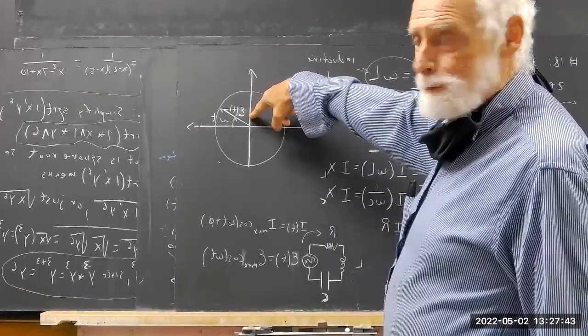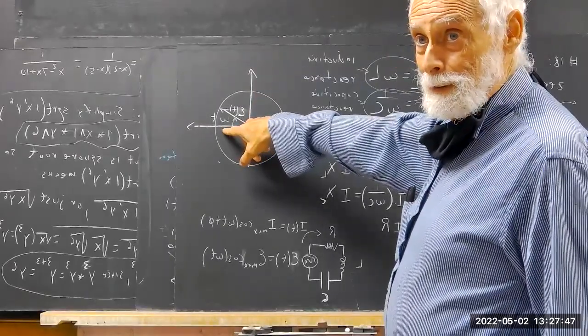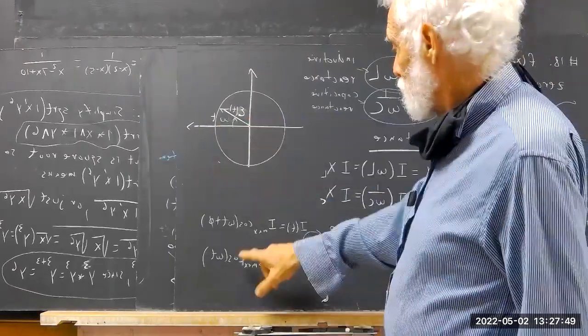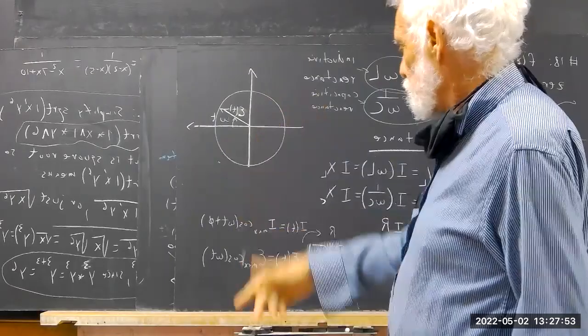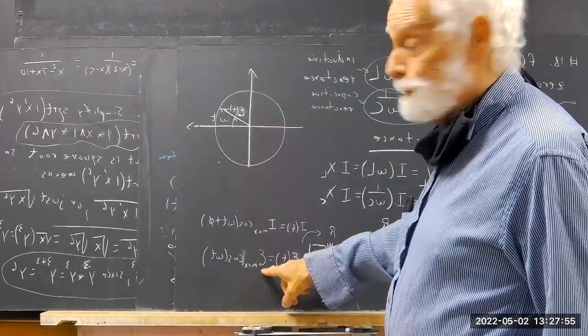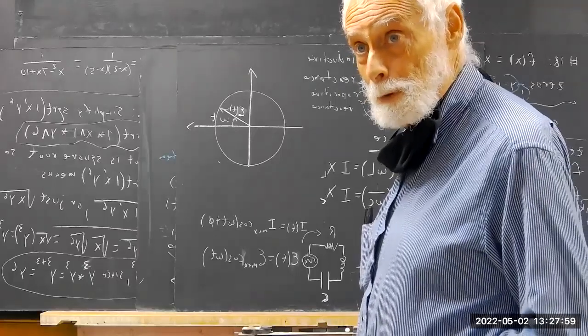Your driving voltage is omega t. So there's your driving voltage, and the radius of this circle is your maximum voltage. I'm not going to put that in because the diagram gets a little bit complicated.